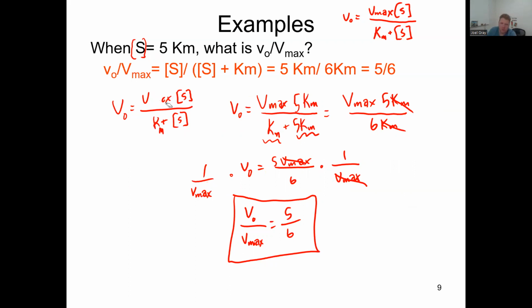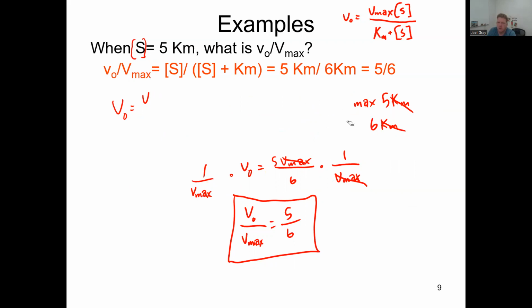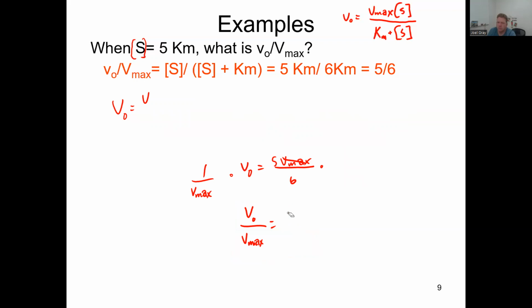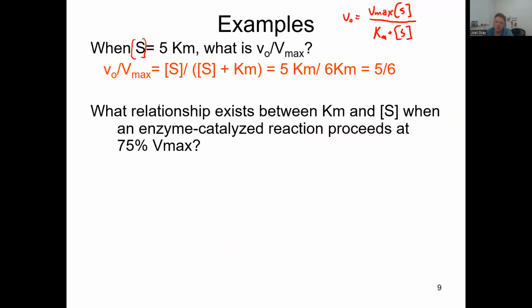Now, another question. Go ahead and erase all this. I hope that you know that you can pause and look at that. Now, using the same equation, this goes on to say, what relationship exists between Km and substrate concentration when an enzyme catalyzed reaction proceeds at 75% of the Vmax?